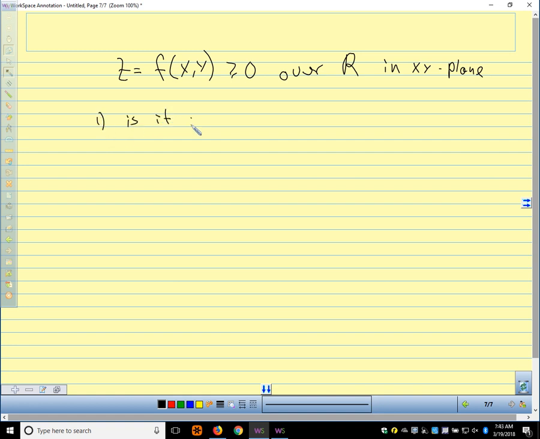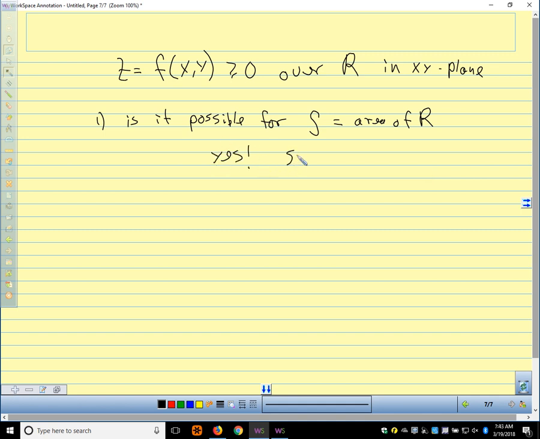Is it possible for S to equal the area of R? The surface area of that function, is it possible for the surface area to equal the area of the region? Yeah, it's a plane. If it's a plane, right? So yes, it is possible.